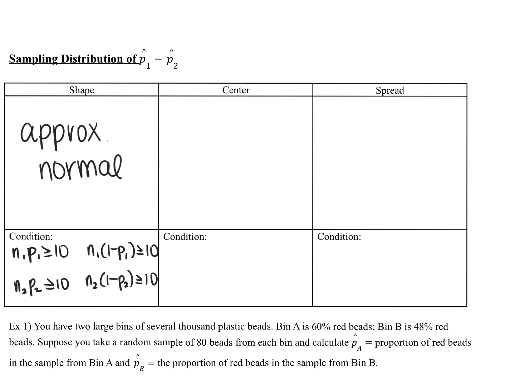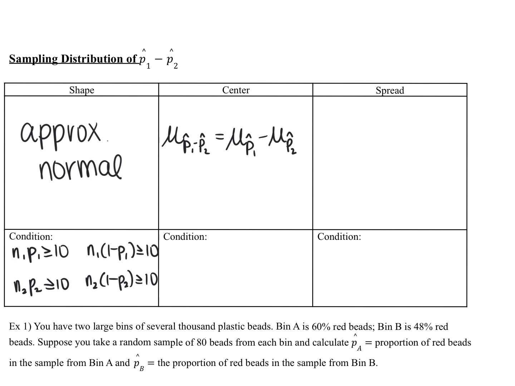For the center, the mean for their difference, P1 minus P2, is going to equal just subtracting the means of our sampling distributions. Just like that example we did in the first section, we were able to subtract their means. That's how we get the mean of our sampling distribution, just subtract them.